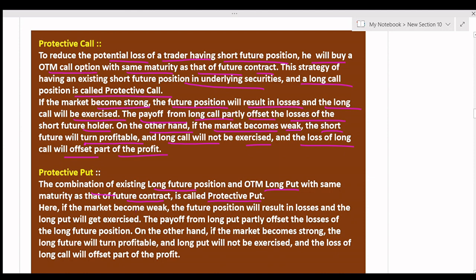If the market becomes weak, the future position will result in losses and the long put will get exercised. The payoff from the long put partly offsets the losses of the long future position. On the other hand, if the market becomes strong, the long future will turn profitable and the long put will not be exercised, and the loss of the long put, that is the premium paid, will offset part of the profit here.